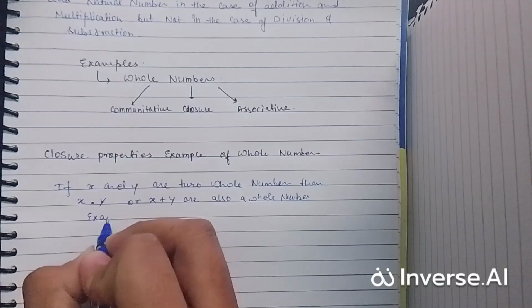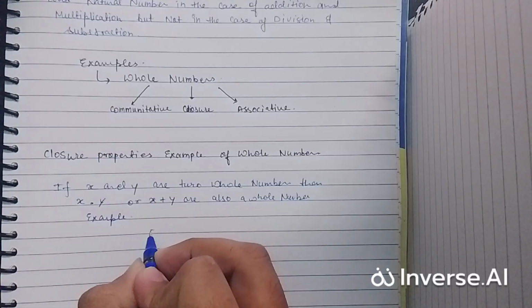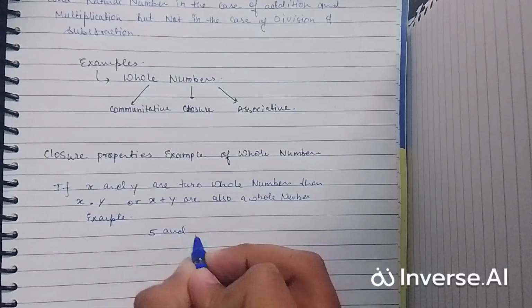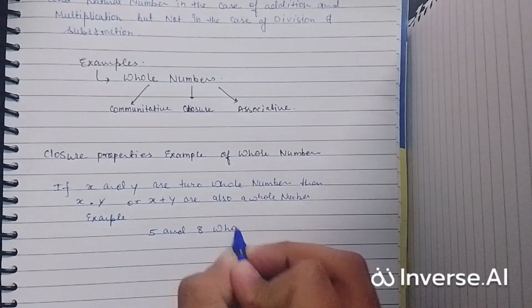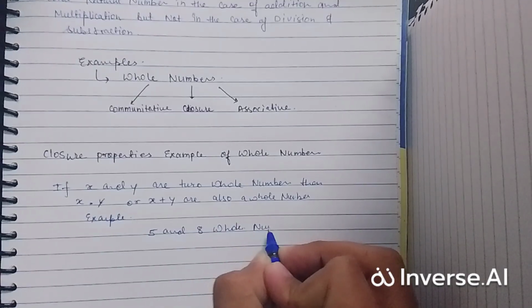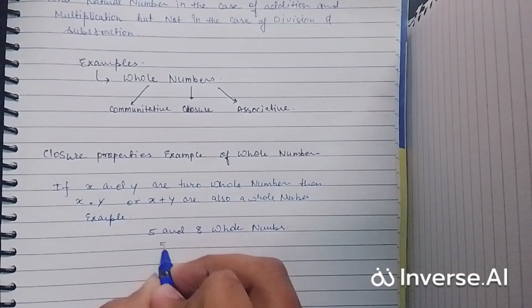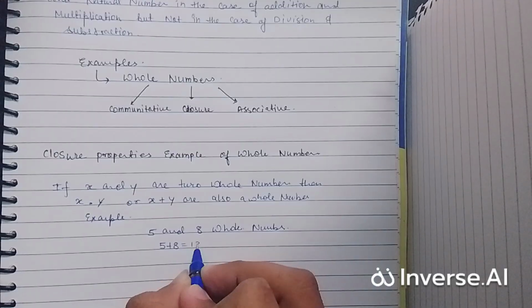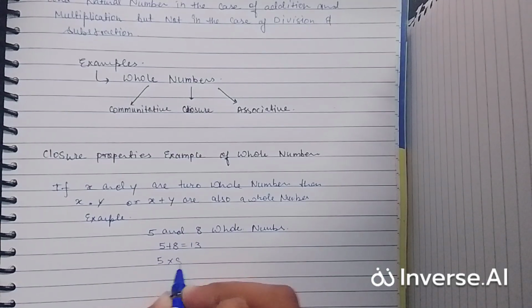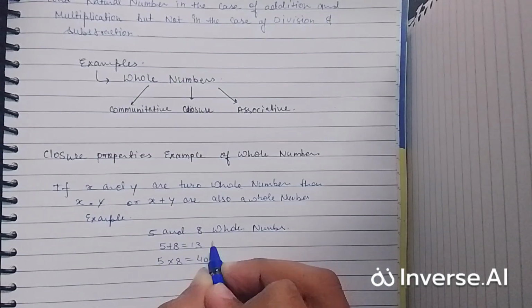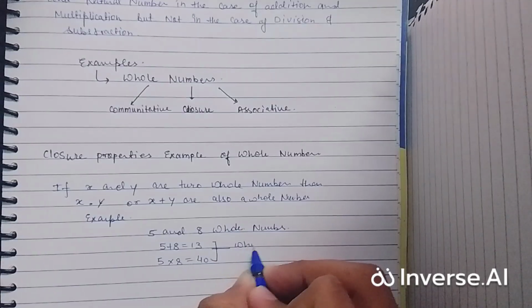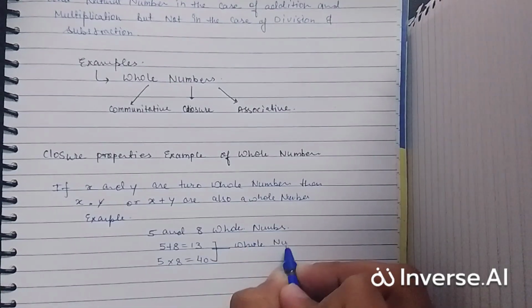Example: 5 and 8 both are whole numbers. So 5 plus 8 equals 13 and 5 into 8 equals 40. They are whole numbers as well.